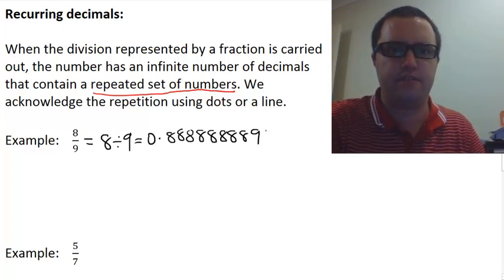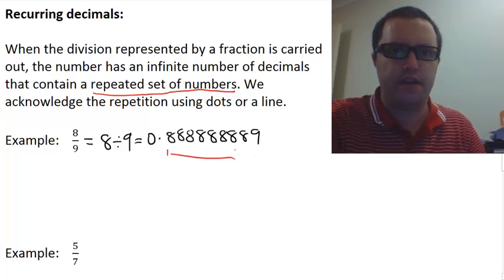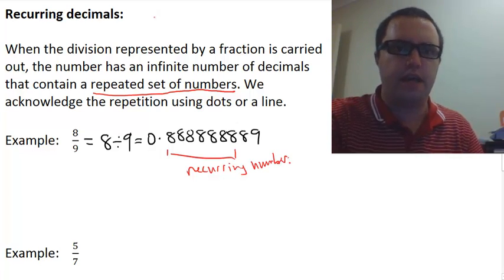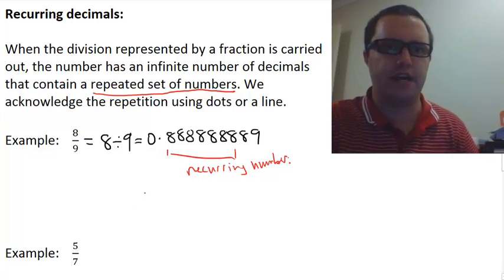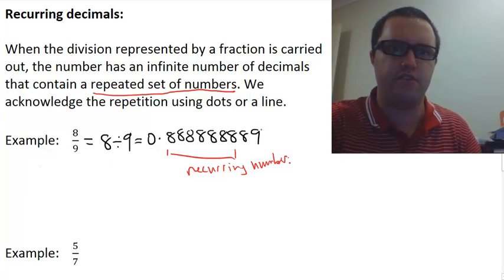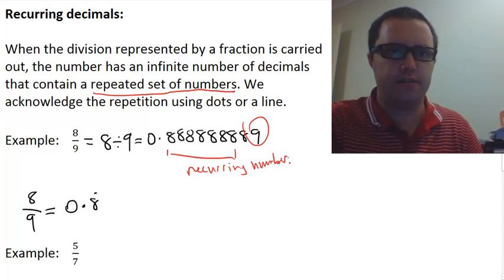This suggests to us that we have a recurring number. The way that we demonstrate that using mathematical language, rather than writing out an infinite number of 8s, is that 8 over 9 is equal to 0.8 recurring.